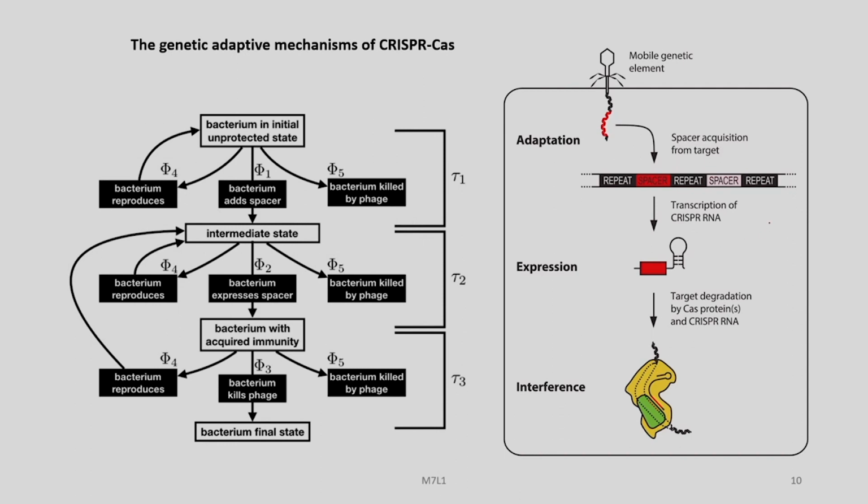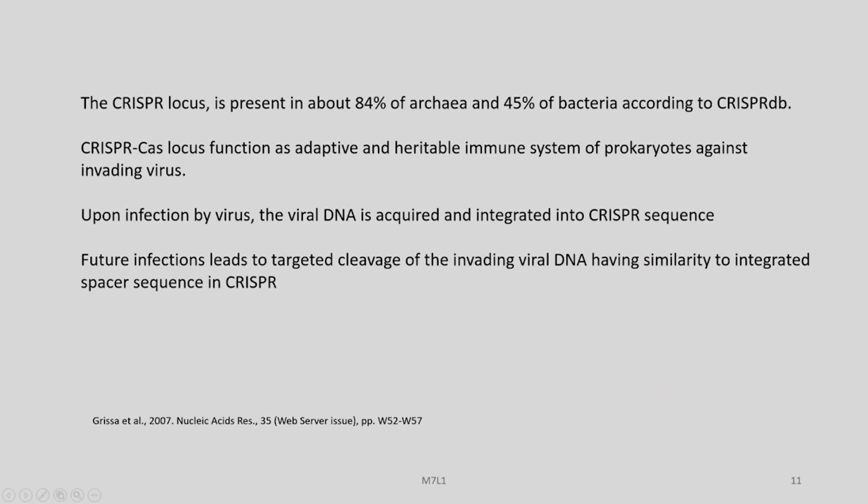Now, there is a stage called expression where these loci is transcribed to produce CRISPR RNA, and this is called the expression stage or the intermediate stage, and then finally these will lead to the interference where the bacterium will kill the virus.